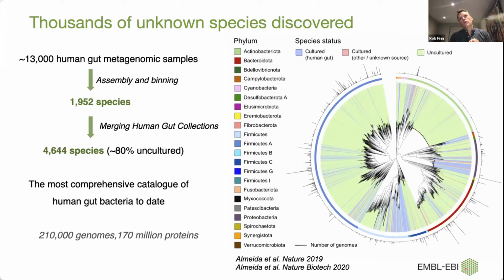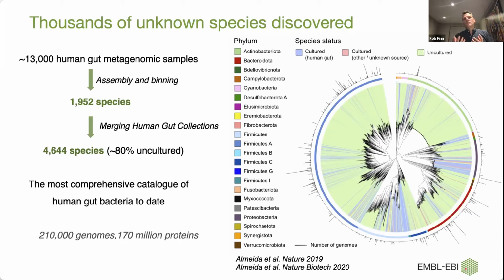Really, the point of showing you this slide is that in that bacterial space, we tapped into huge amounts of novelty. 80% of those MAGs are yet to be cultured and could be considered novel. That corresponded to over 210,000 genomes that we were handling, which is about the number of isolate genomes that are in NCBI.